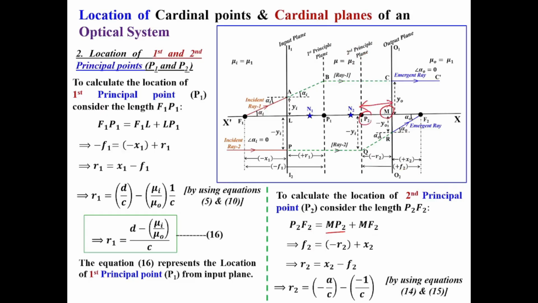This much length is nothing but your R2. As we are moving towards the left, according to the sign convention it is minus R2, plus MF2.